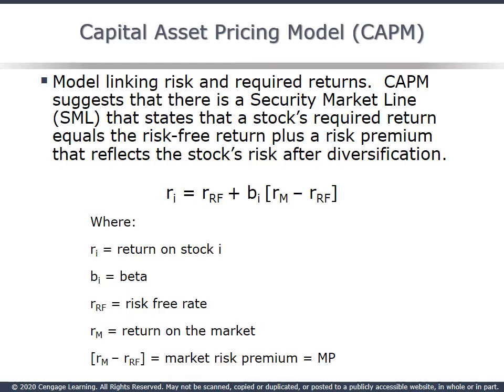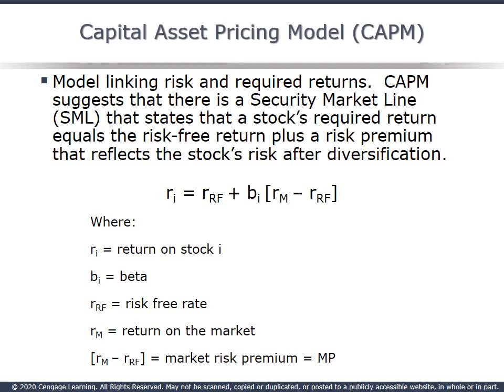Beta is derived from the capital asset pricing model, or CAPM, and CAPM is the theory that links together risk and return. CAPM suggests that there is a security market line that states that a stock's required return equals the risk-free return plus a risk premium that reflects the stock's risk after diversification.